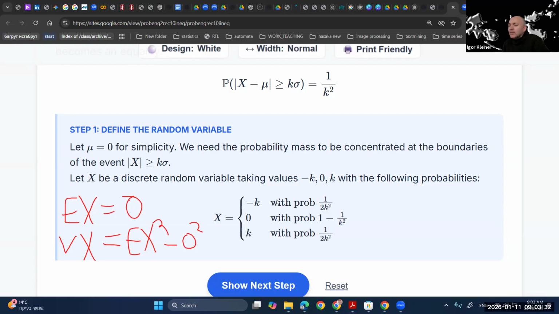Make sense? Why minus 0? Because variance of x equals expected value of x squared minus the square of the expected value, and the expected value equals 0. The expected value of x equals 0 because it's a symmetric random variable.